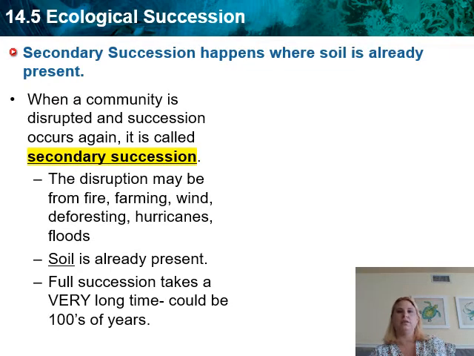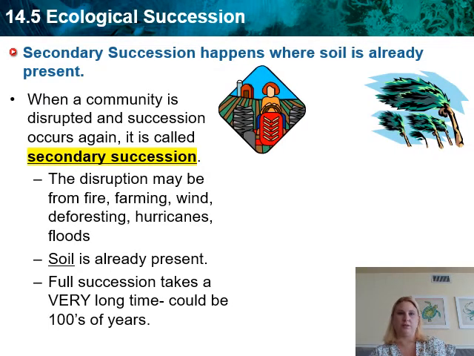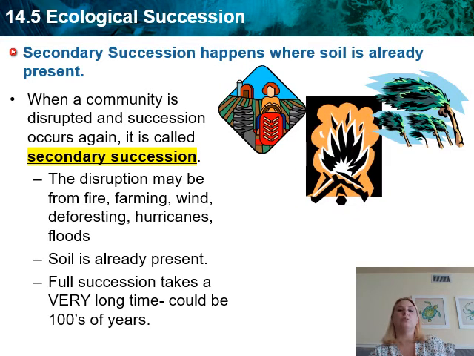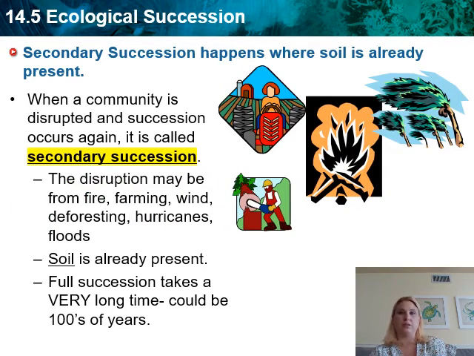Secondary succession happens where soil is already present. If you can remember secondary for soil, because there's going to be soil. Secondary succession happens when a community is disrupted and it has to start again, like a forest fire, a hurricane, deforestation, or floods.